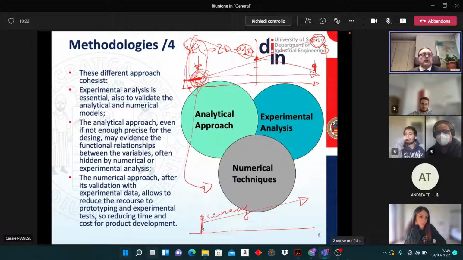Biological fluids are not Newtonian. If you are designing a pump and you use the Navier-Stokes equation with a Newtonian fluid, and then you consider blood instead of water, which is a Newtonian fluid, you are making a mistake.